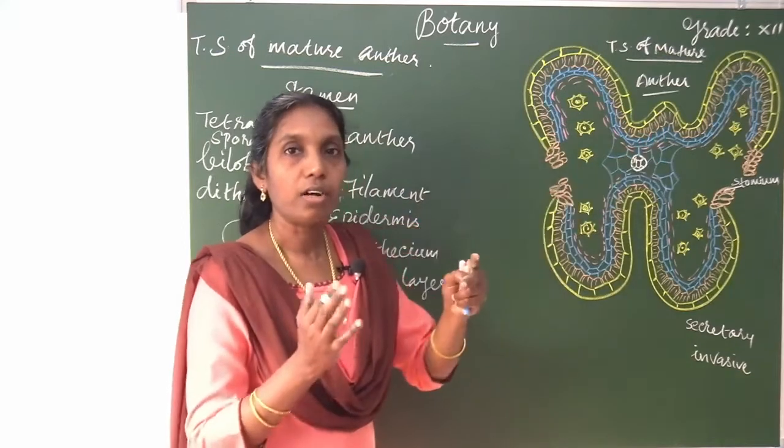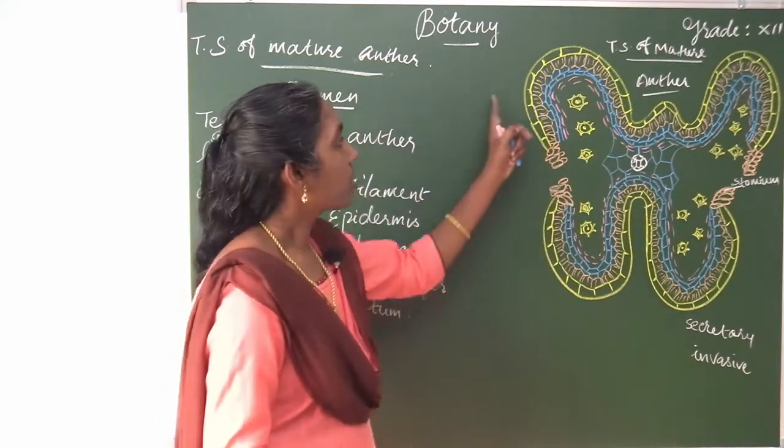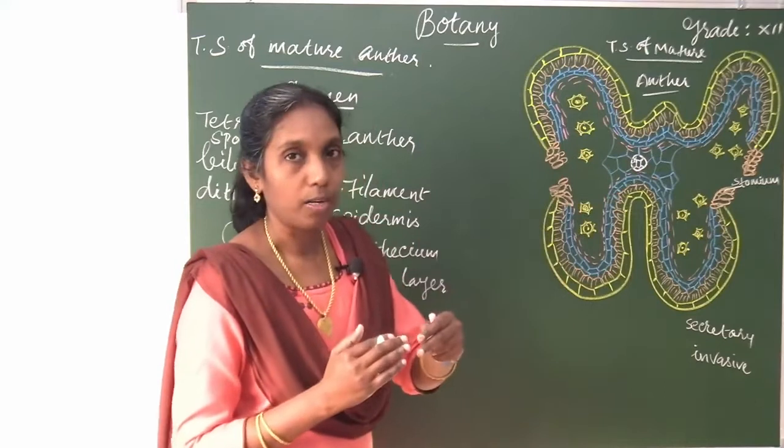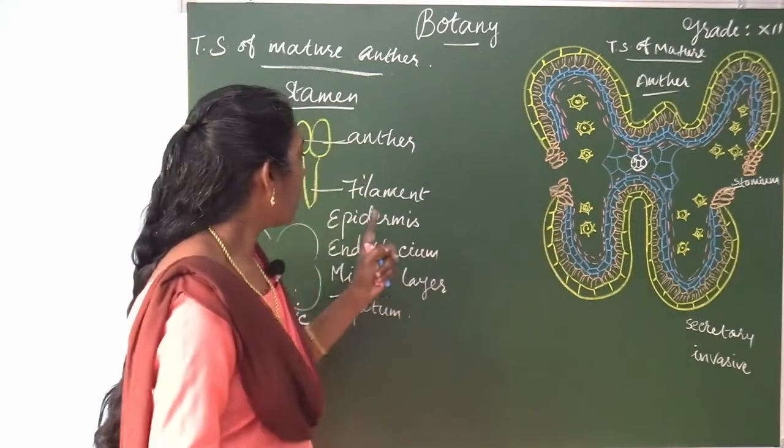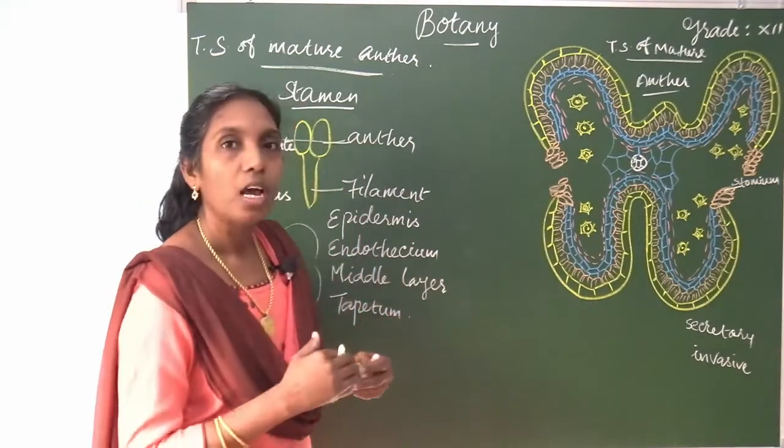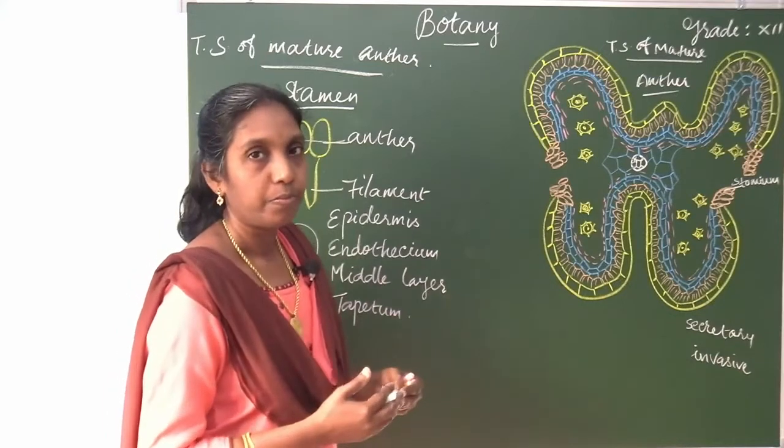So this is the structure of the anther wall. The first layer is epidermis, the second layer is endothecium.